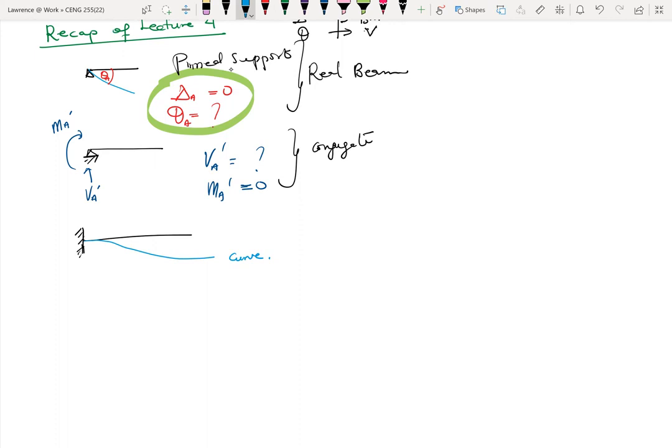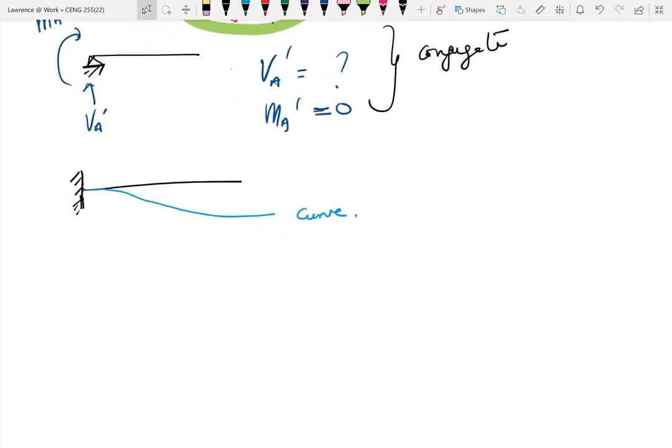If you look at it closely, it's straight up to a point before it starts bending. So what this indicates is that there's no rotation at this point. Let me call this point A again. There's no rotation at A, so rotation at A equals 0. And again, because it's a fixed support, A will not undergo any deflection.